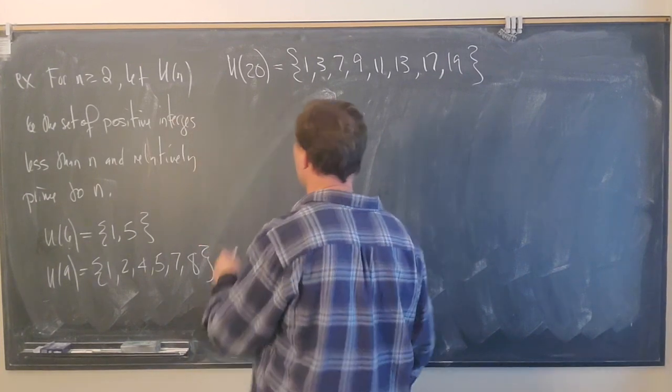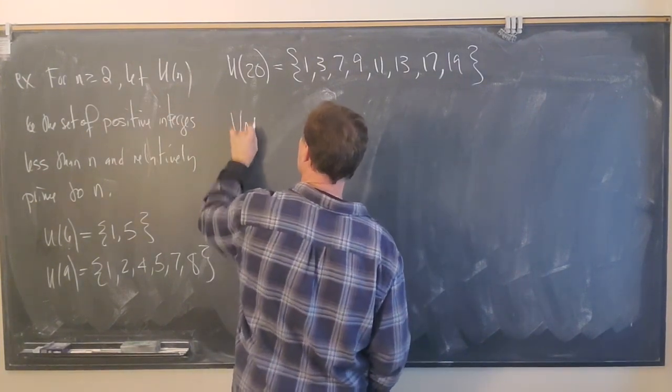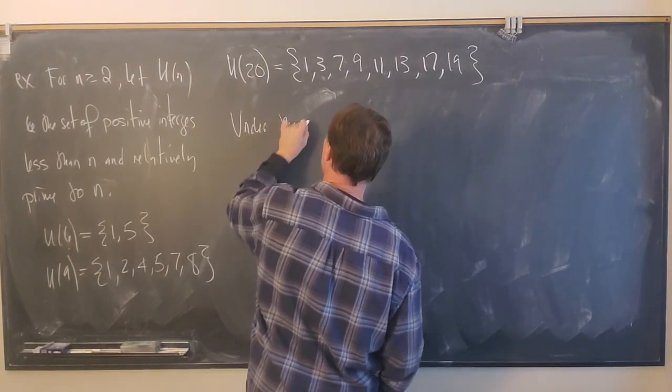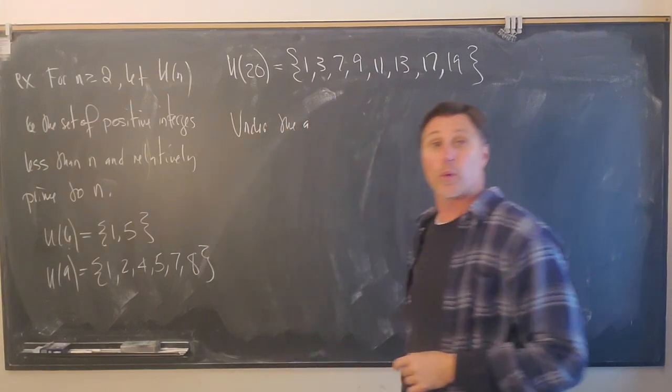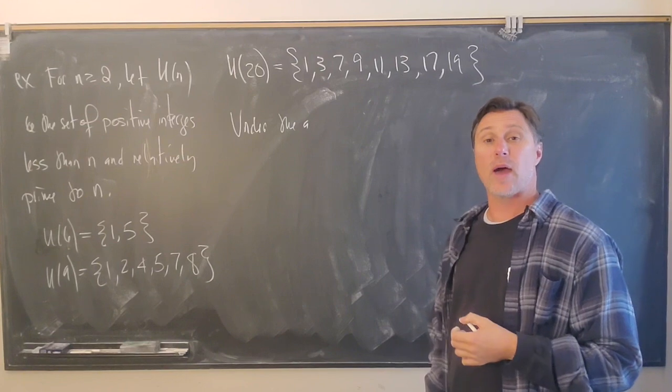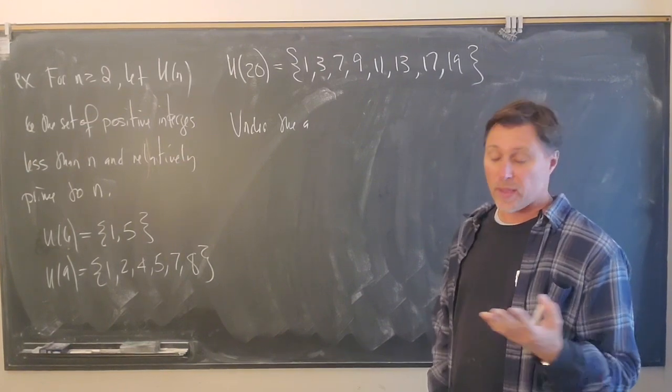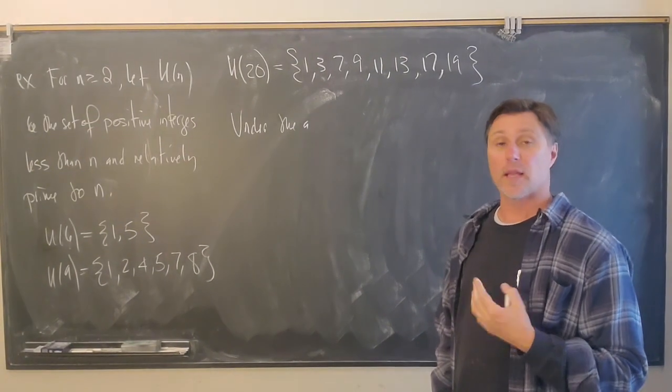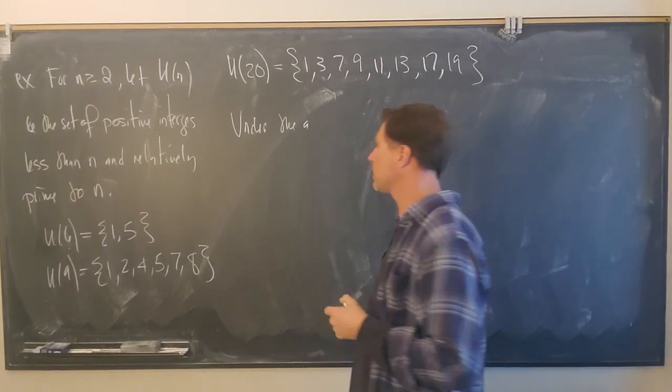And so, by the way, what we were looking at in that last example I did, I think there were 16 elements in the group. That was U sub 65. What we had was the list of numbers that were less than 65 and relatively prime to 65.